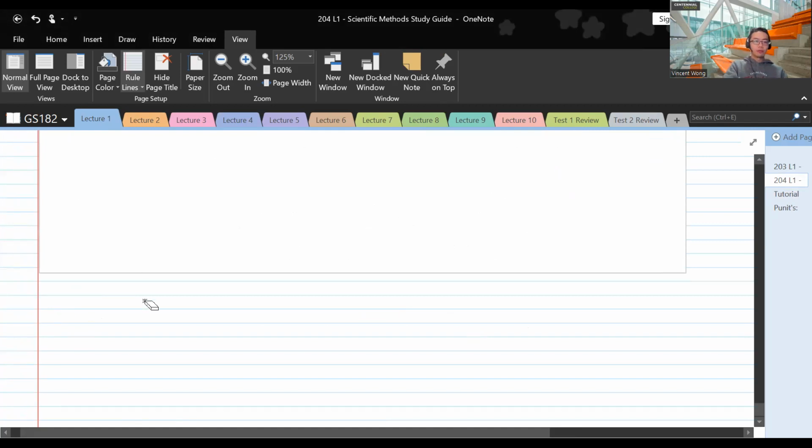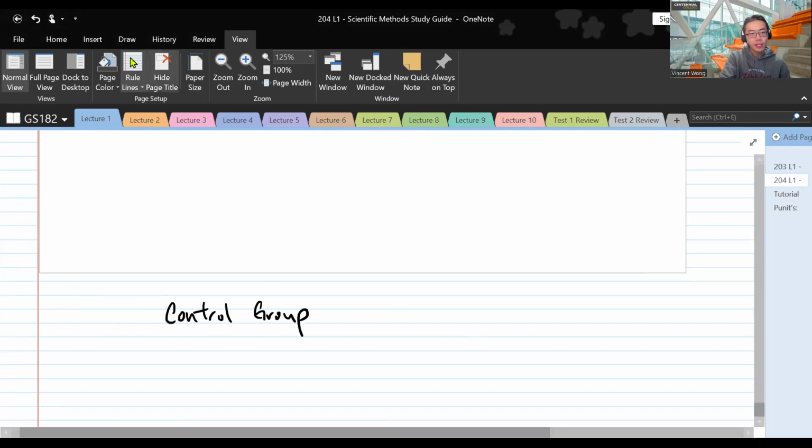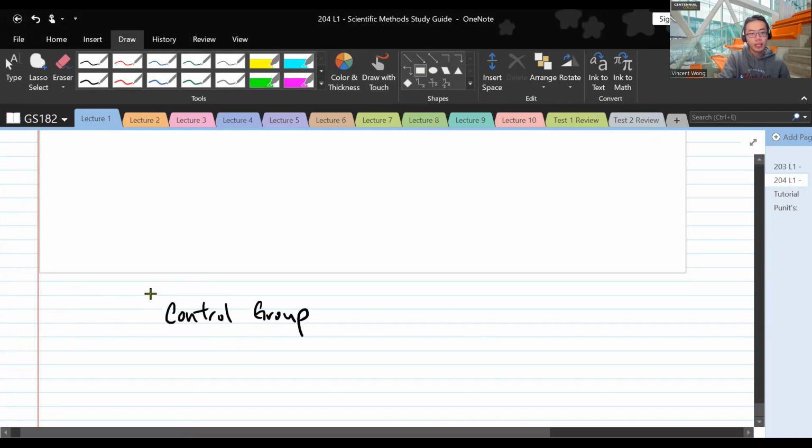Okay, so in an experiment, there are different groups that we are going to be performing the experiment on. We have our control group. This is usually the group that receives no change and no modification.